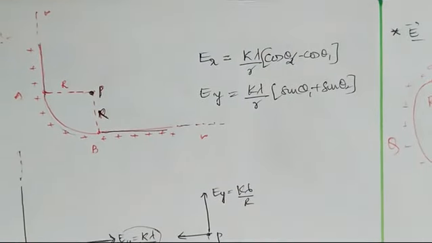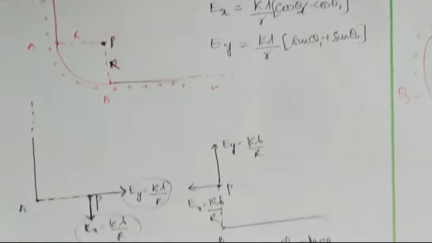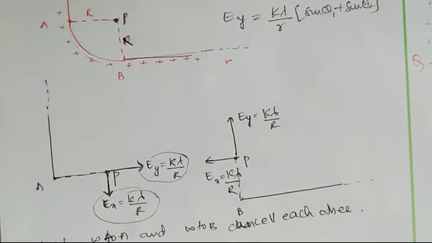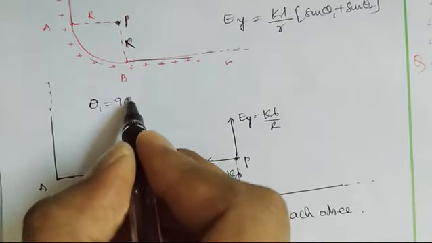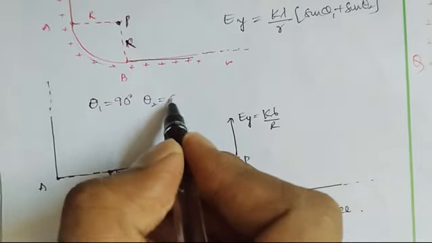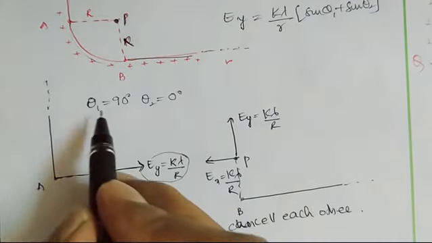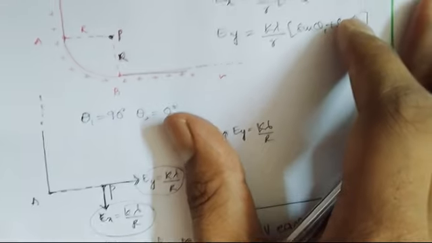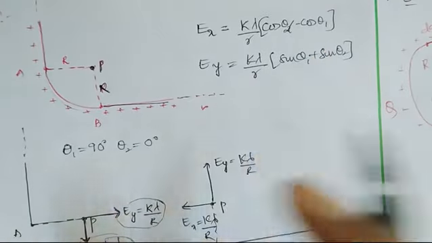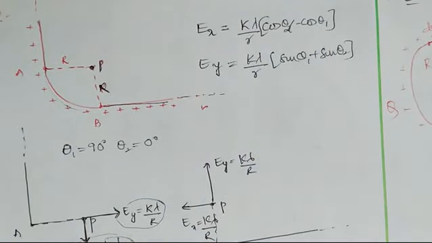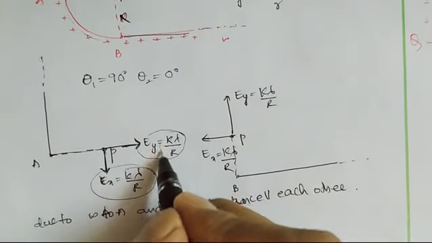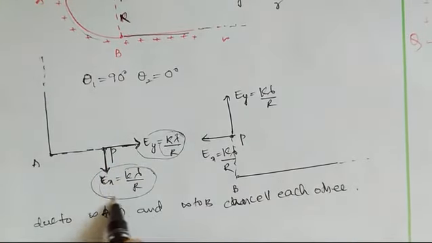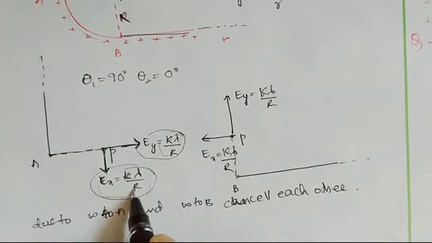This is a semi-infinite wire. Semi-infinite wire means theta 1 will be equal to 90 degrees and theta 2 will be equal to 0 degrees. When you substitute in Ex and Ey, due to this wire you will get k lambda divided by r along the y-axis, and k lambda divided by r along the x-axis.